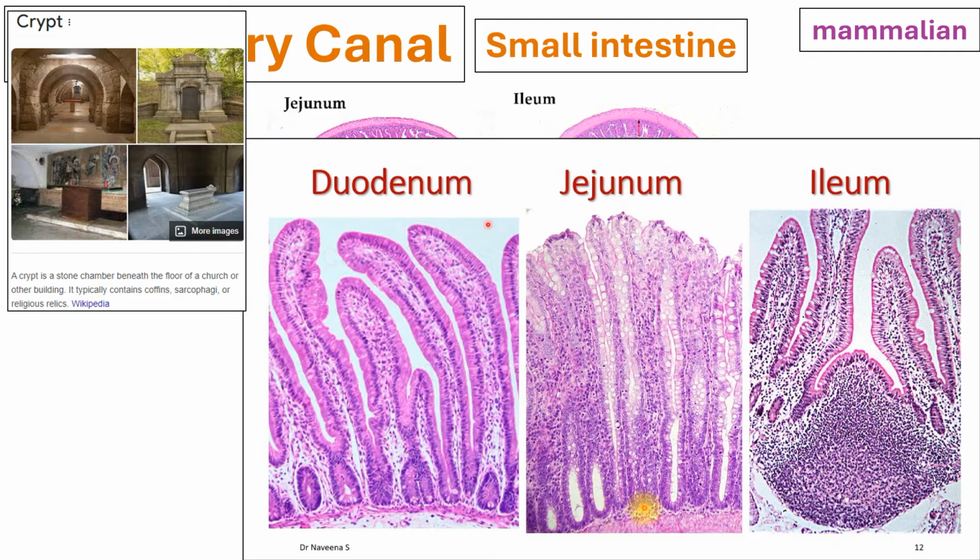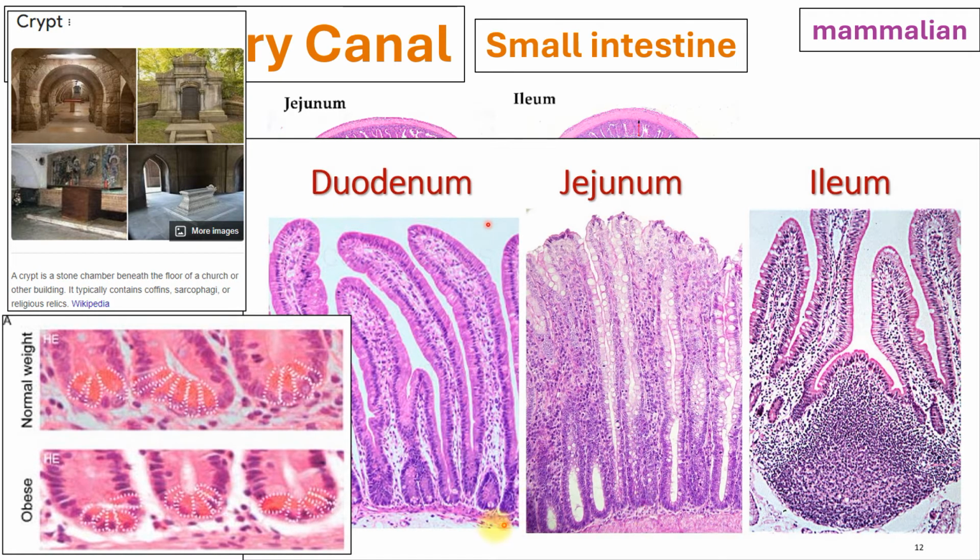Your crypts would also contain your Paneth cells. These Paneth cells usually would contain reddish granules and they have antimicrobial properties which help maintain the microbiotic flora of your small intestine.